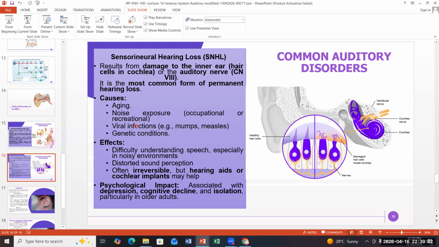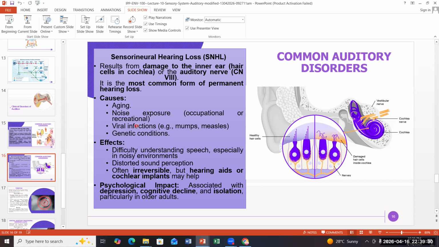So this is something we need to understand. There are certain effects: if a person is suffering from such hearing loss, they have difficulty understanding speech, especially in a noisy environment. If it is a quiet environment, we can hear a faint sound, but if it is a noisy environment, it is difficult.